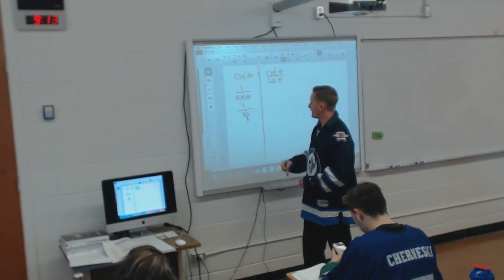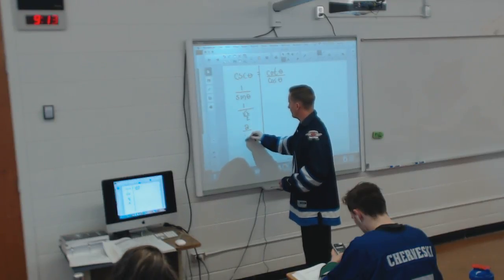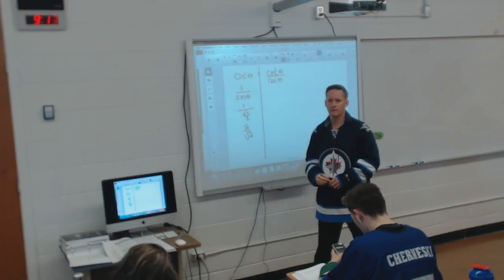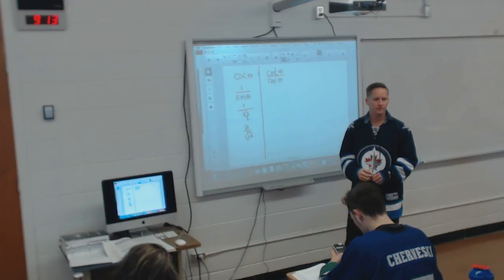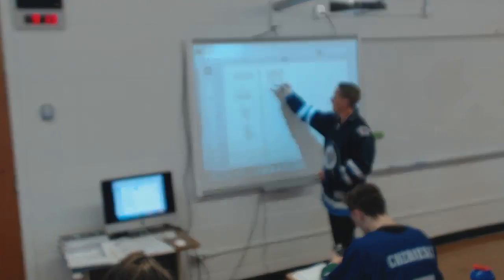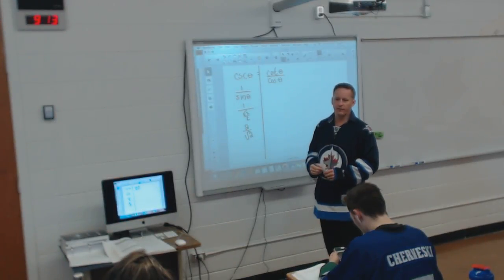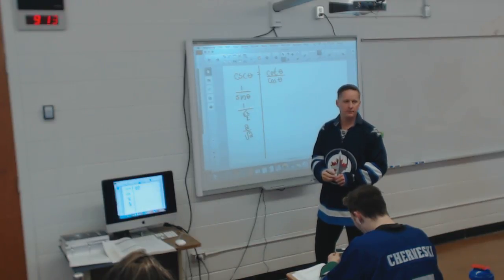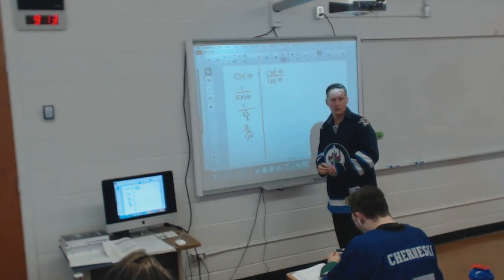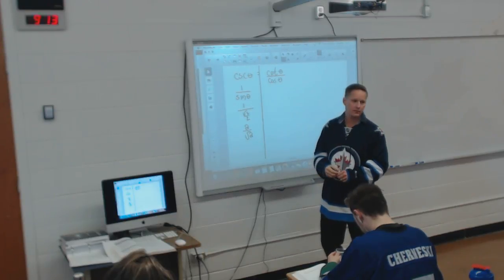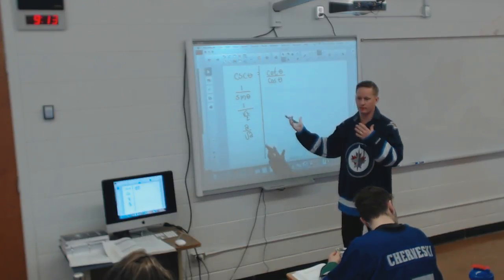So then that makes this 2 over root 2 on this side. Okay so far? Cotan of 45 degrees, 1 over tan theta.